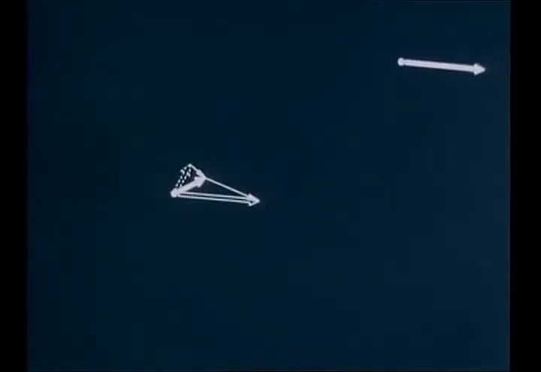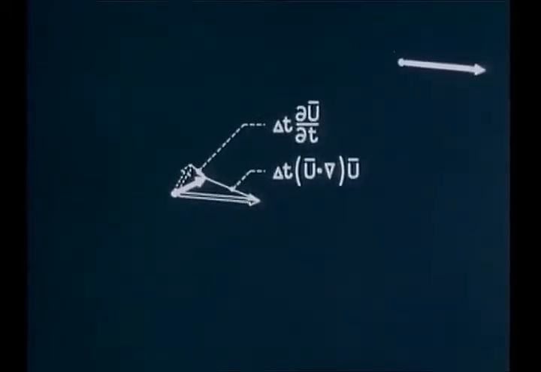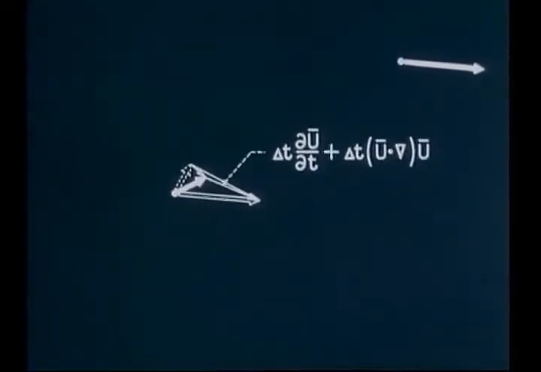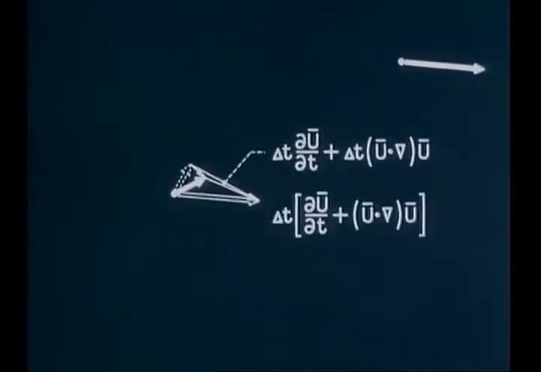The spatial velocity difference can be written as before as the time difference times the velocity times the gradient of the velocity. The temporal velocity difference can be written as the time difference times the rate of change with time at a laboratory point. To find the total change, we must vectorially add the two effects.